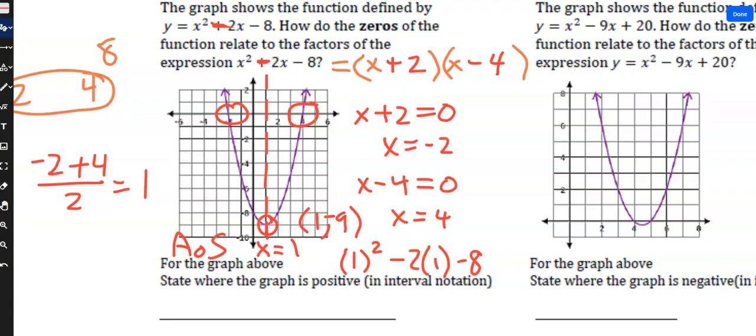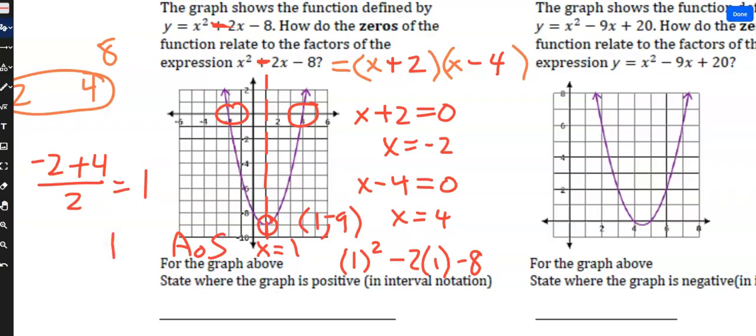The reason I bring up all that extra stuff that wasn't asked for is because if you were given an SAT question or an ACT question and they just gave you this parabola and you don't have a graphing calculator or Desmos to use for it, then you need a way to figure out what the x-intercepts are and what the vertex is. So that kind of helps you with some of that.